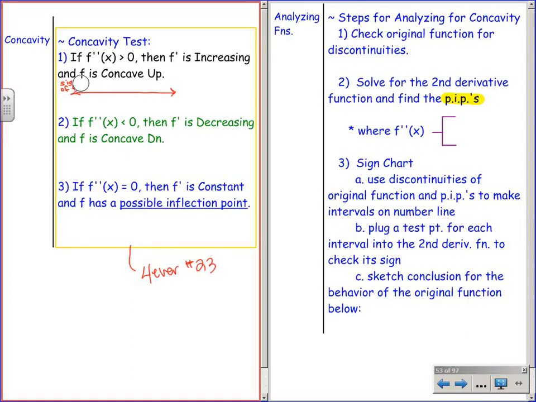Instead of calling it C1 and C2, I'm going to call it P1 and P2 because it's not a critical number. It's technically a pip. Sign of f double prime. And then I can say increasing, decreasing f prime and concavity of f. There's a few different things that we can do.